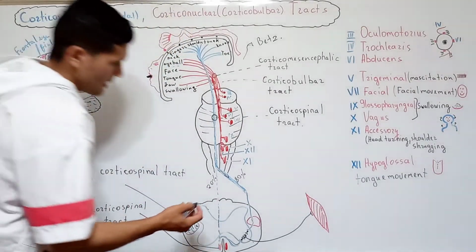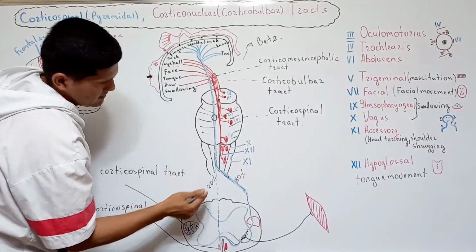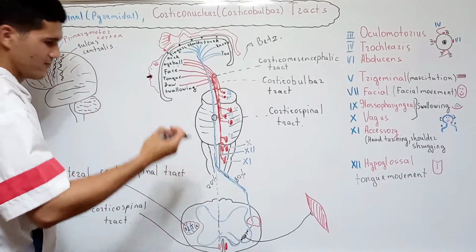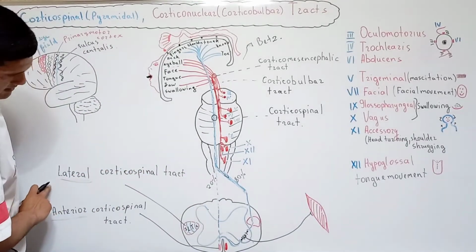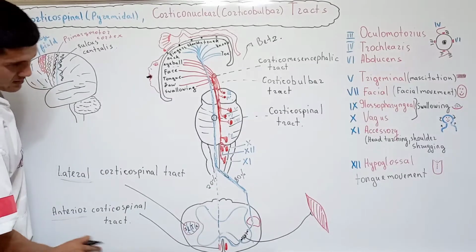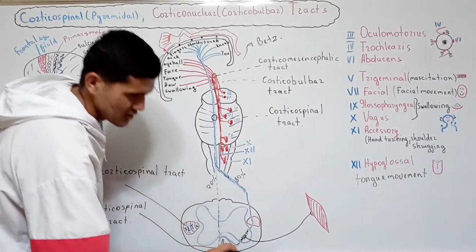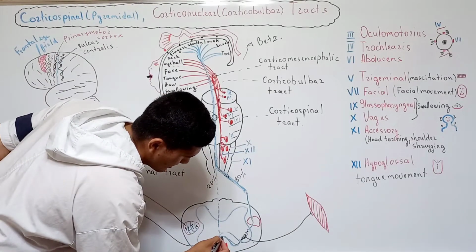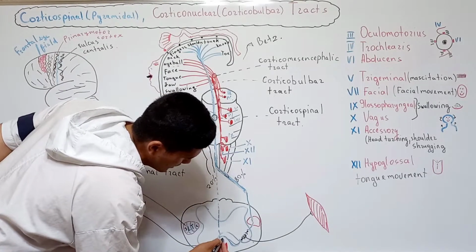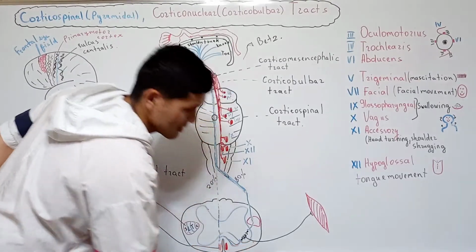Okay, and look at that. On the right side, the 20% of the fibers continue their direction via the anterior corticospinal tract. When they reach the specific part of the spinal cord, they decussate and cross the spinal cord via the anterior commissure to the contralateral side.